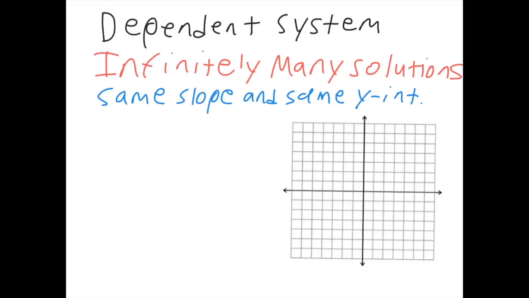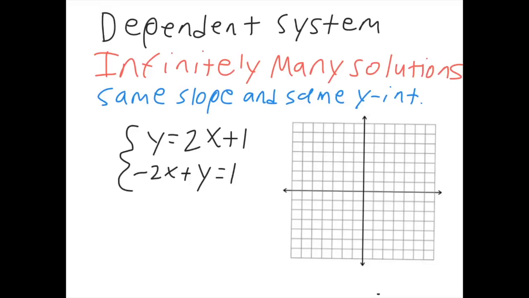So here's the sample system. In this case, we have two equations, and remember to graph this one, we have to put it into slope-intercept form. So I'll rewrite the first one we had: y equals 2x plus 1.